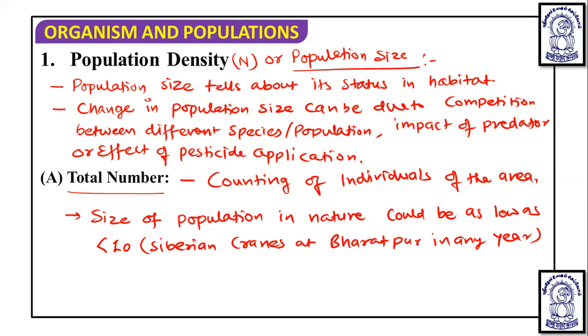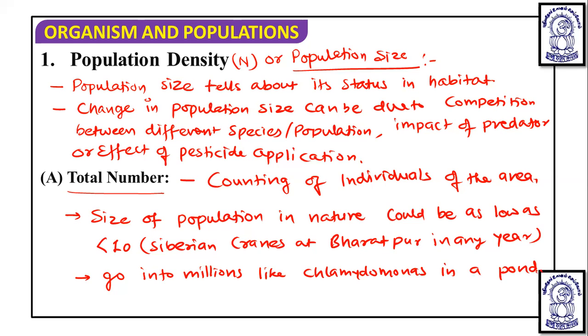So these Siberian cranes we can count because they are less than 10 in numbers. Or the total number can go into millions, like Chlamydomonas in a pond. But counting the number is considered the best possible way to measure the population density, and it can give accurate values.